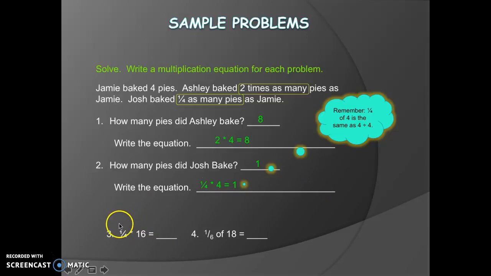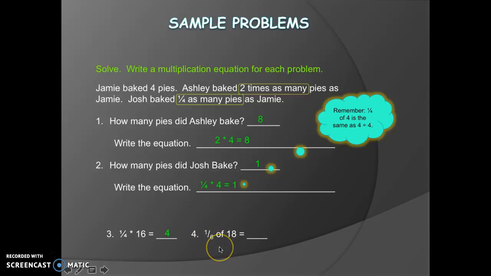Let's look at this one down here. If we have 1/4 times 16, that means the same as 1/4 of 16. So we have to take 16, divide it into 4 equal parts, and one of those 4 parts would have 4 items in it. If we take 1/6 of 18, or 1/6 times 18, we have 18 divided into sixths.